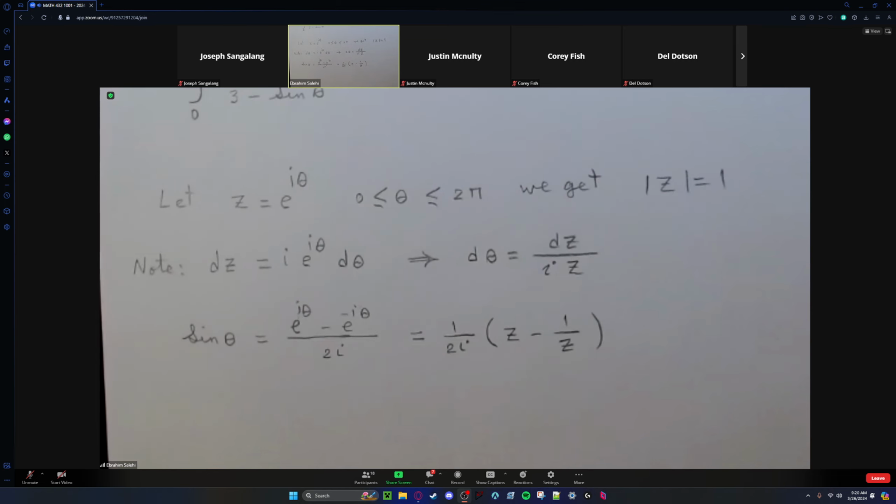If you have cosine theta, you say, look, cosine theta is e to the i theta plus e to the negative i theta divided by 2, which is 1/2 times z plus 1 over z.